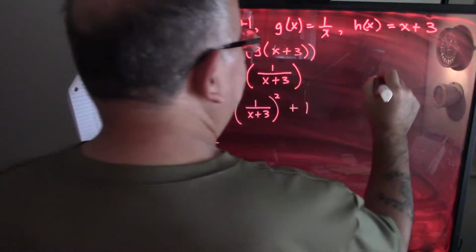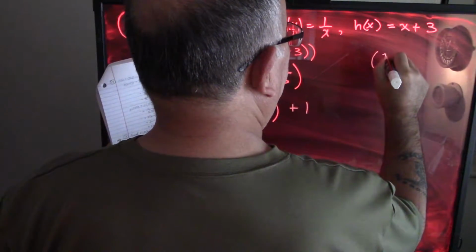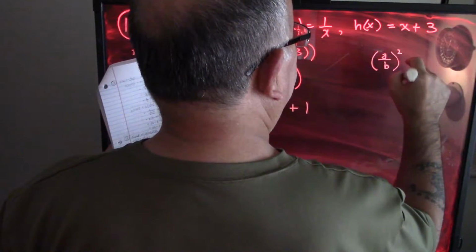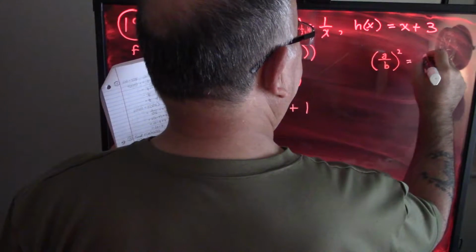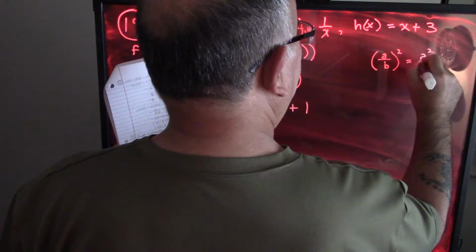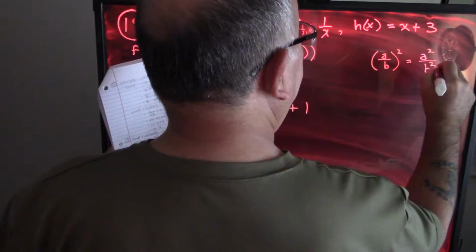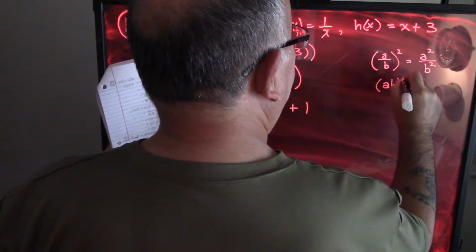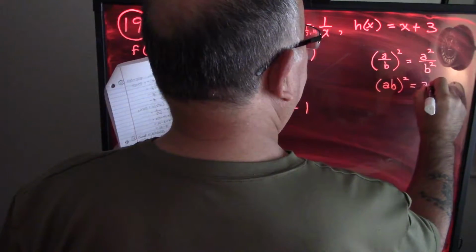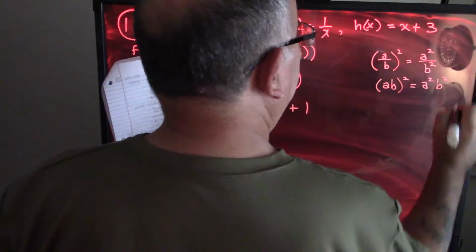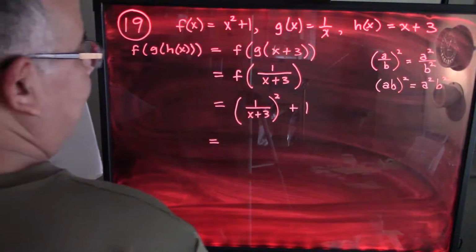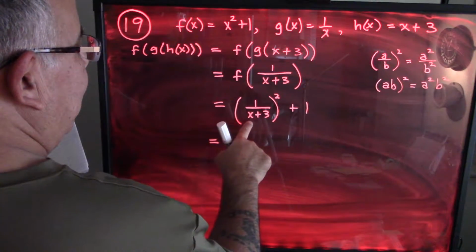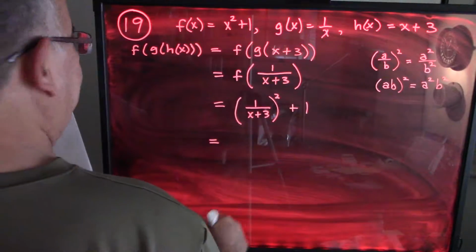If you have a fraction that's being squared, like a over b squared, or any other power for that matter, that's a squared over b squared. It's similar to the rule a times b squared is a squared times b squared. So remember those rules. You're going to have 1 squared, which is 1, over x plus 3 quantity squared.